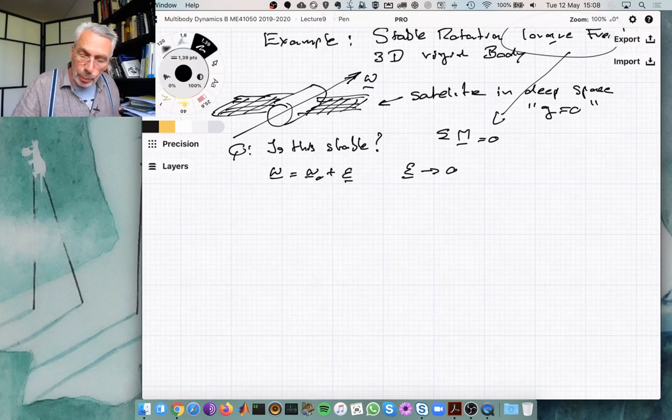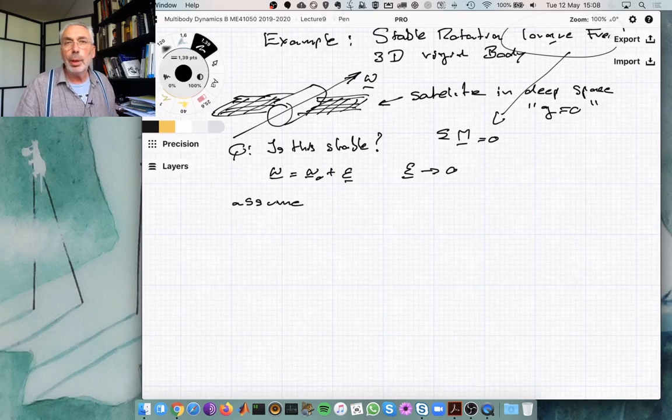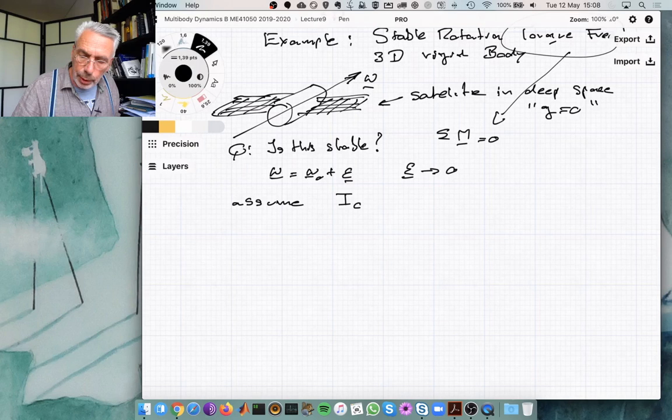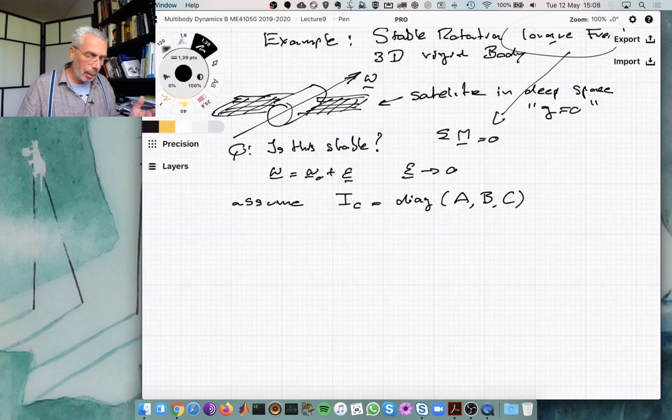Now let's assume in this case that it's a nice symmetric body, and there's even more symmetry in a satellite than I assume now, but let's assume we have just the principal axes. So we have a diagonal matrix with the mass moments of inertia A, B and C. And for now I assume they're distinct.